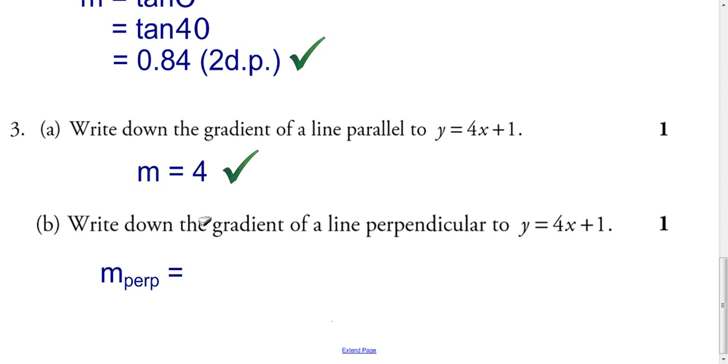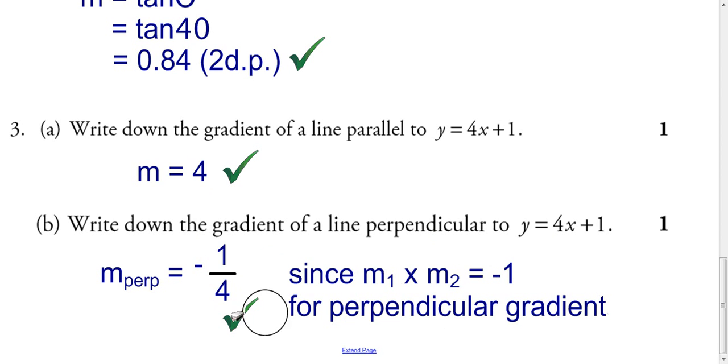When you multiply the gradient of a line by the gradient that's perpendicular, the answer is -1. So what would you multiply 4 by here to get an answer of -1? Think of it as 4 over 1, flip it over and change the sign, so that's going to be -1/4 for a mark. Make a restatement, since m1 times m2 is equal to -1 for perpendicular gradients.